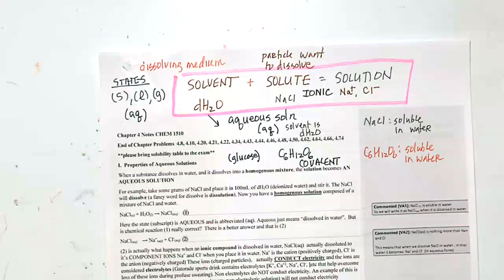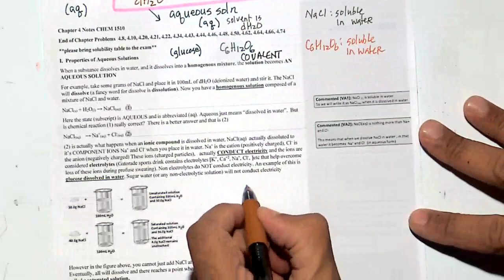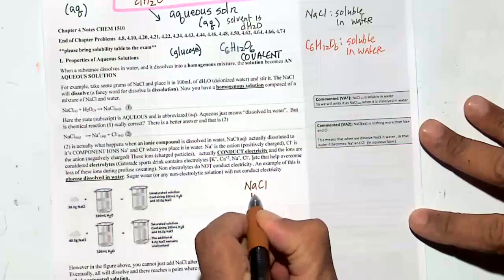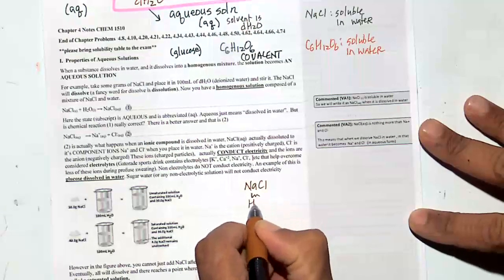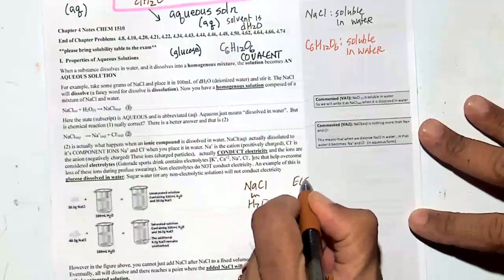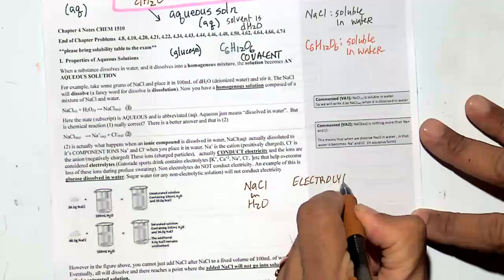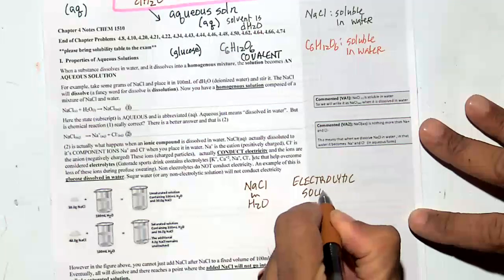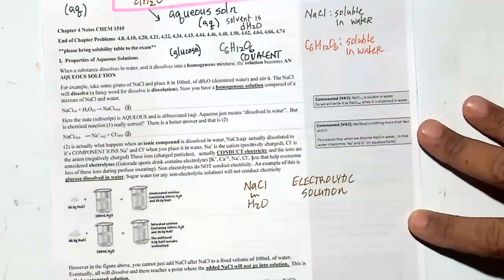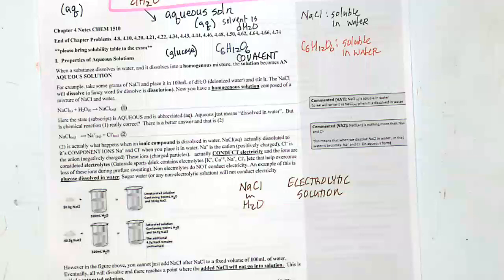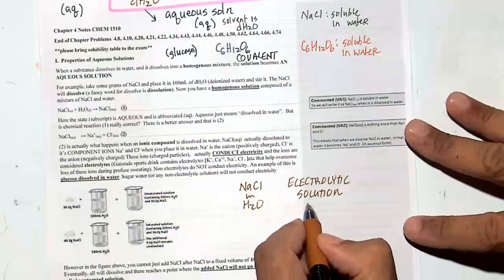So we can call not just sodium chloride in water a solution, we can call it an electrolytic solution. Also conducting or conductive solution.